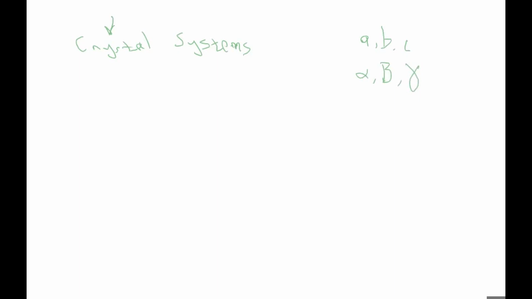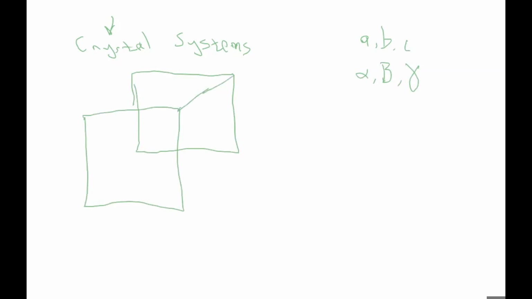Let me draw an ideal unit cell, with lattice constants A, B, and C. And we have three angles, alpha, beta, and gamma.